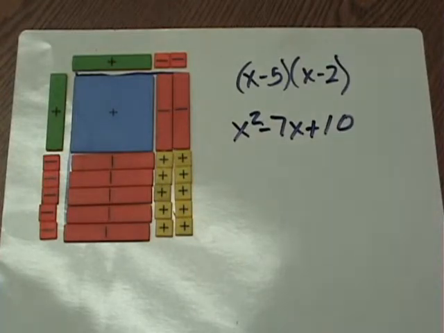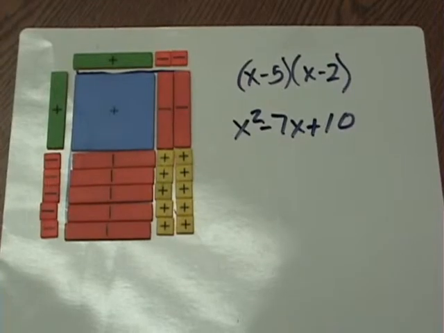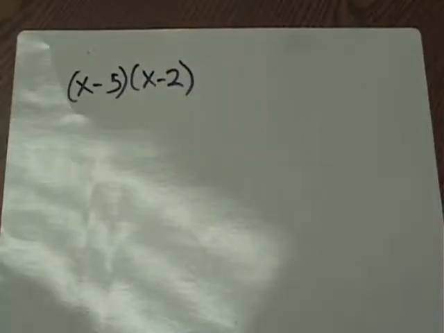We can see that the product of x minus 5 times x minus 2 is x squared minus 7x plus 10. In that last problem, what we had was x minus 5 times x minus 2, and as we showed with the tiles, that gave us x squared minus 7x plus 10.